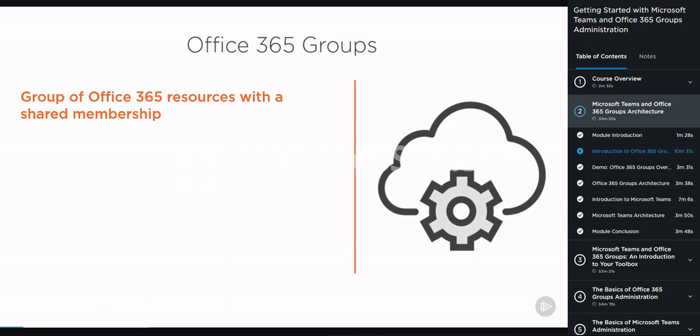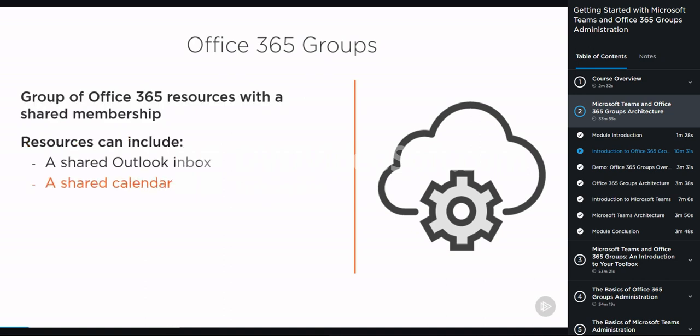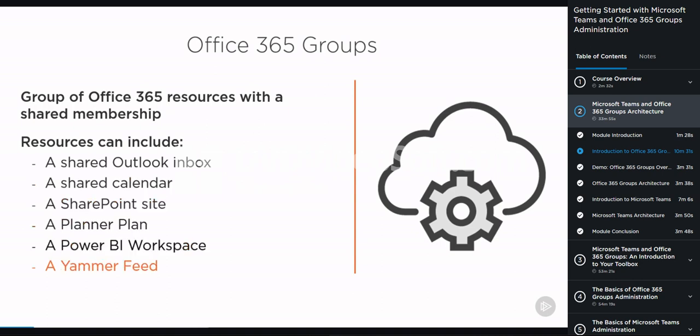Those resources can include a shared Outlook inbox, a shared calendar, a SharePoint site, a Planner plan, a Power BI workspace, a Yammer feed, a Microsoft Teams team, and even more. Why I'm saying can include rather than simply include is because depending on where you create a group from, the services included are different, but we will get to that in just a few seconds.